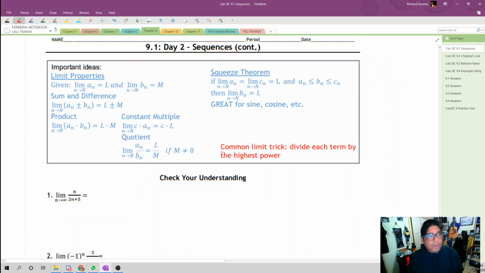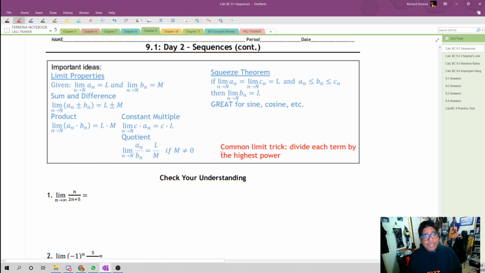Okay, so now we're ready for our important ideas. We've got the limit properties that we were using earlier. There's usually no reason to think about these limit properties because we kind of know them almost intuitively. So the sum and difference or product works like you think it should. Constant multiples work like you think it should. Quotients work like you think they should.